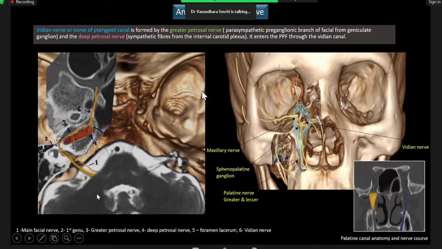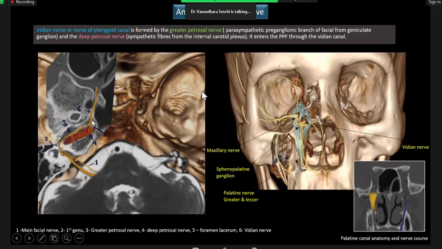When you see the seventh nerve, as it enters into the IAC, at the genu, it gives a branch: from the first genu, you have the greater petrosal nerve. This greater petrosal nerve crosses the dura, crosses the petrous bone, travels underneath the dura, parallel and anterior to the ICA, and then it receives sympathetic fibers from the internal carotid plexus.